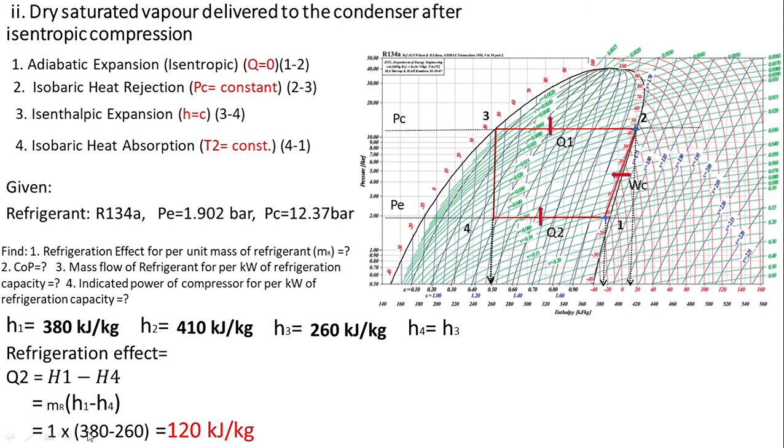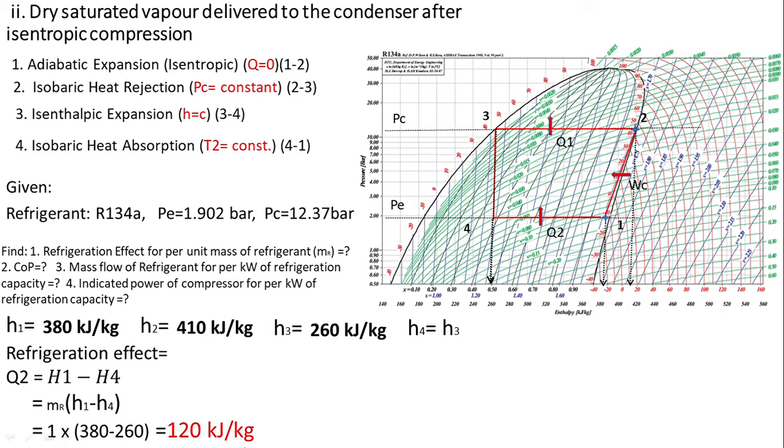So H1 is 380, H4 is 260, the value comes to 120 kilojoule per kg of refrigerant. That is the refrigeration effect you will have.